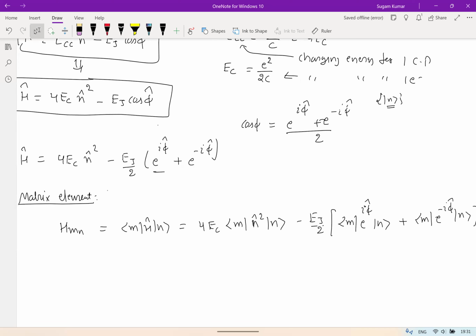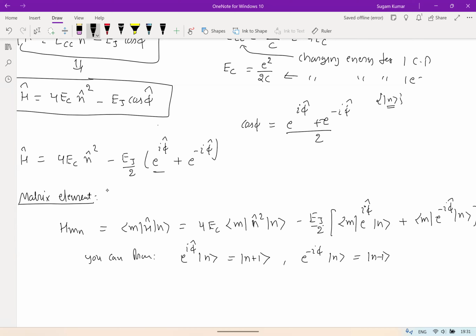And maybe you can prove that when e power iota phi operates on N, you will get N plus 1. It's like a raising operator. And when e power minus i phi operates on N, this is going to give N minus 1. They are like a raising operator and a lowering operator.